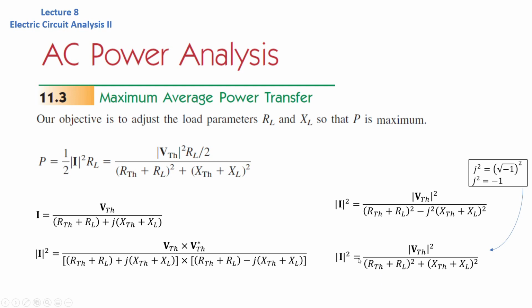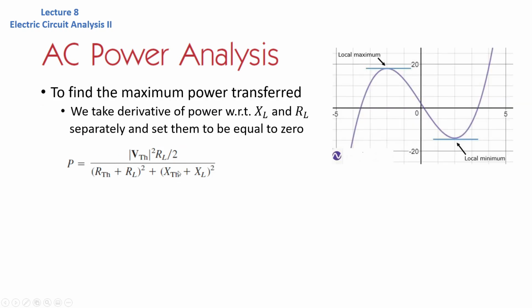So once we have this expression for magnitude squared of capital I, we can then put this expression in this formula to get this particular expression for average power delivered to the load by the AC circuit. So once we have this expression, we can then move to find maximum power delivered to the load.